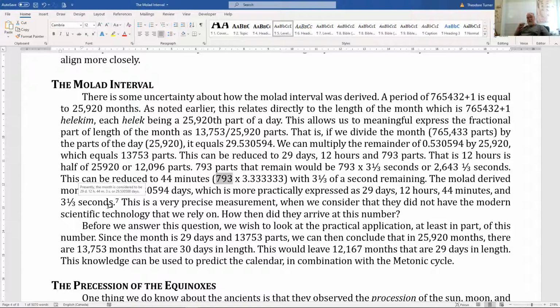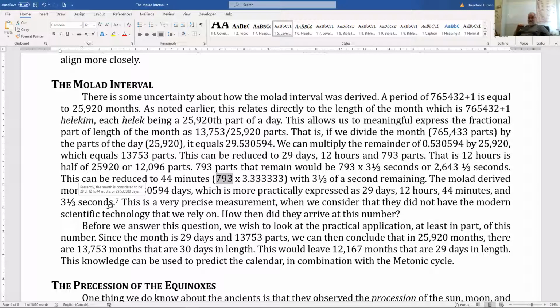The way they did this is with this Molad measurement. By dividing the day into this many parts, they could express the fraction of the month in a very precise way. If you were going to cut the day into two 12-hour periods, the daytime would be 12,096 parts, and the nighttime would also be 12,096 parts. If the month was exactly 29.5 days long, you wouldn't need all these divisions.